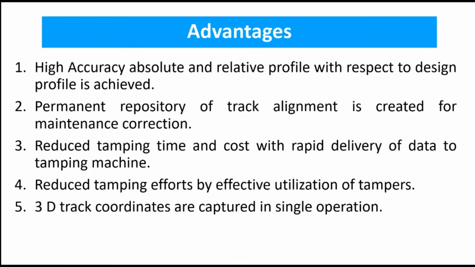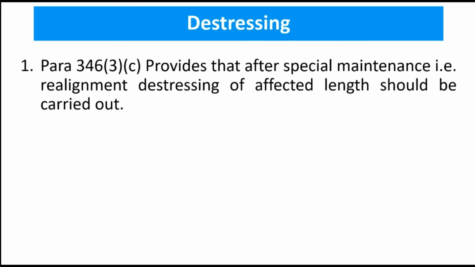So now we will discuss one more important thing. Whenever we are doing special maintenance, or a large substantial amount of realignment of curve or slewing, or level corrections, we are required to do de-stressing of the effective length.